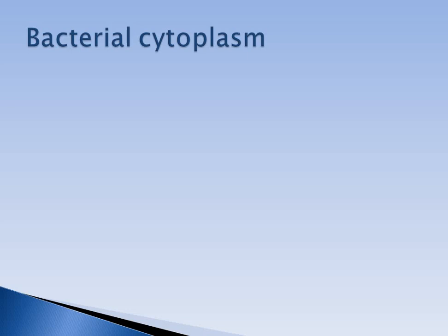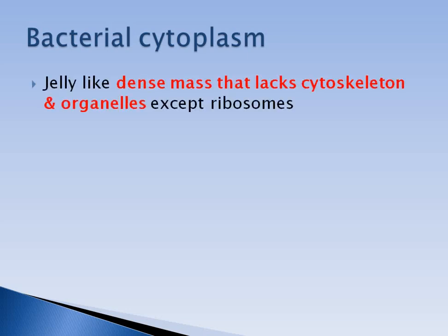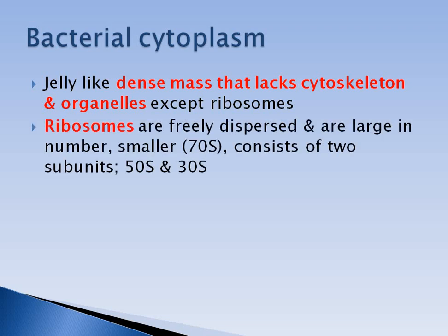Then inside the cell membrane, cytoplasm is present. This cytoplasm, as it is a part of a bacterial cell, is bacterial cytoplasm. This bacterial cytoplasm is different from the eukaryotic cytoplasm, as it lacks cytoskeleton, or cytoskeleton is absent, and the major difference is that membrane-bounded organelles are absent, except ribosomes, which are present in the bacterial cytoplasm, but these ribosomes are smaller as compared to the eukaryotic ribosomes.